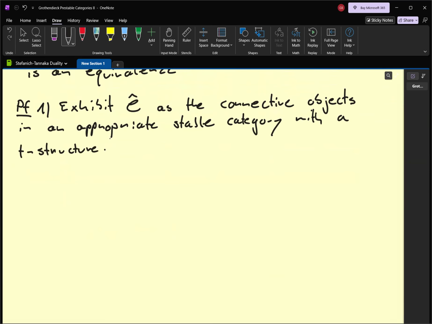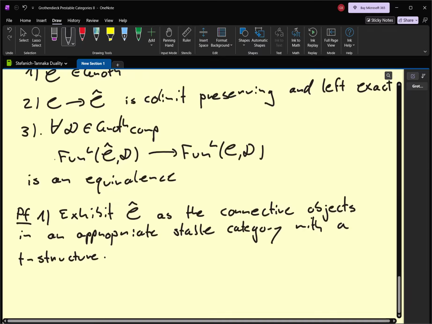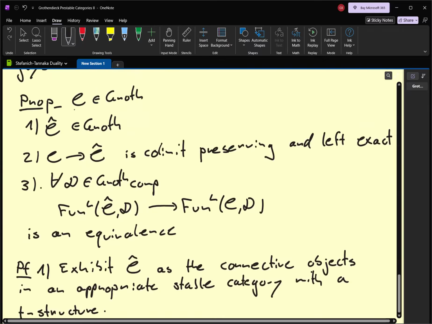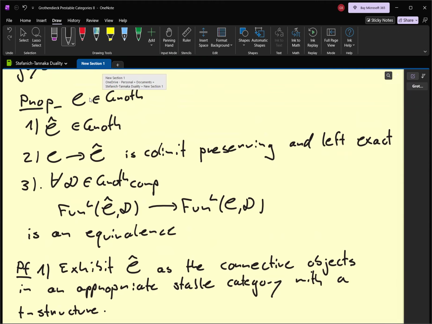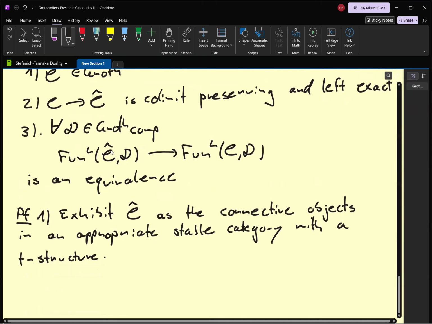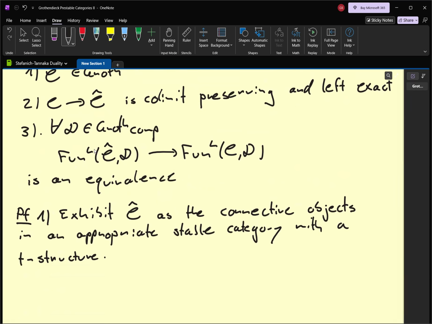So what you can do is use this construction from the first chapter of Higher Algebra, where you compute completions. You first pick a stable category where C is the connective half of a T structure, and then you complete it in the sense of Higher Algebra chapter 1.1 or something. Then you can show that C hat is the connective half of a T structure in that category, and then you're pretty much done.